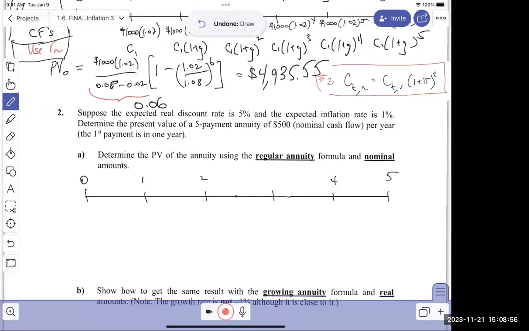All right, so $500 every year, and these are now nominal cash flows.